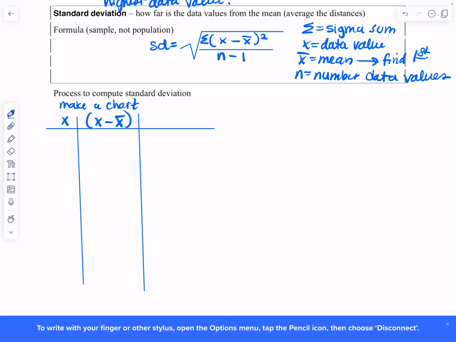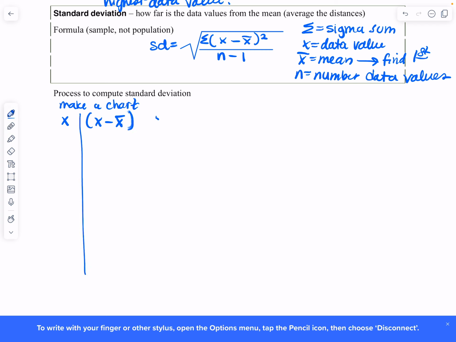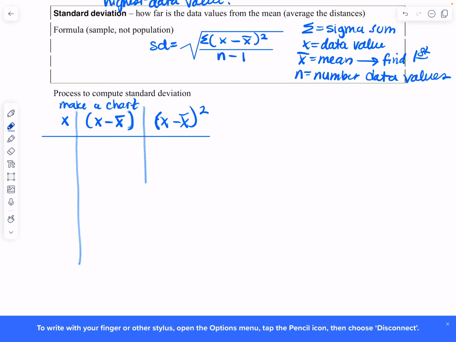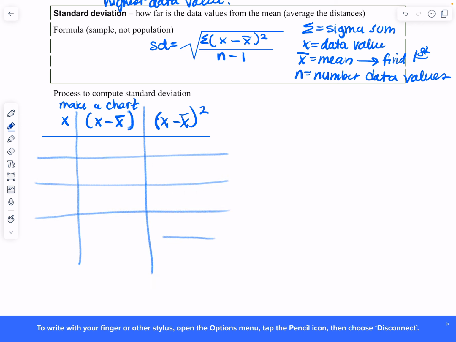Then I'm going to take that value, whatever you got when you did x minus x bar, and I'm going to square it. I'm going to do that for every single data point that I have. You might have 5 data points, you might have 10 data points, but you're going to have that many rows as the number of values that you have.